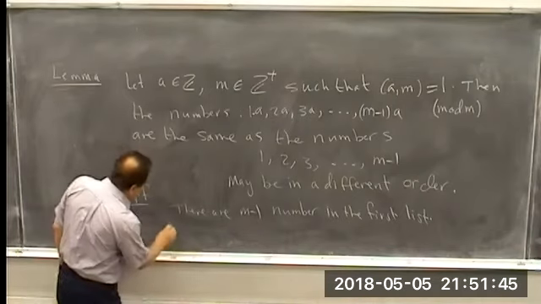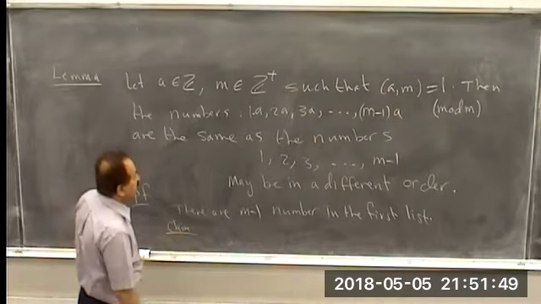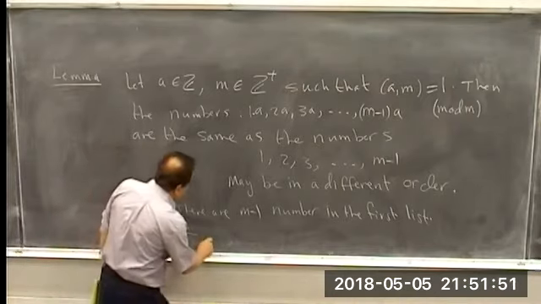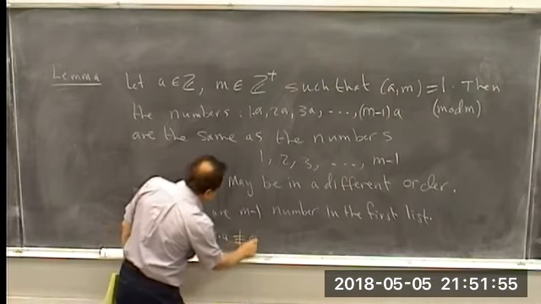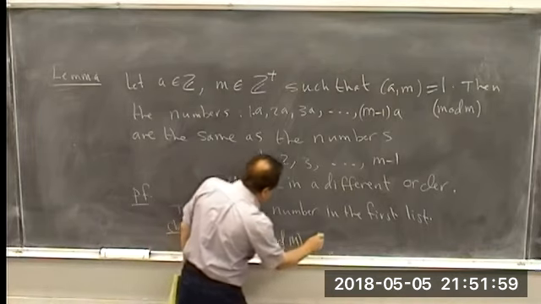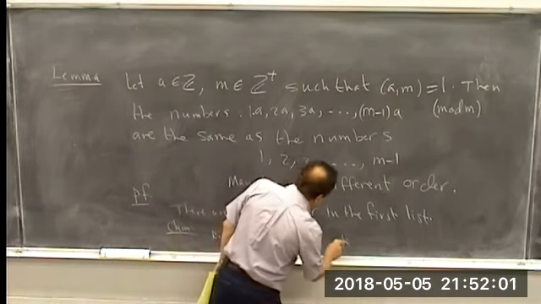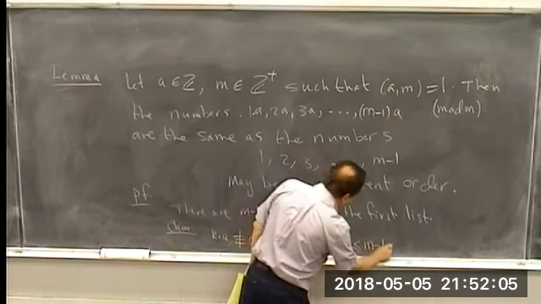So here's the first claim: k times a is not congruent to 0 mod m for every k between 1 and m minus 1.